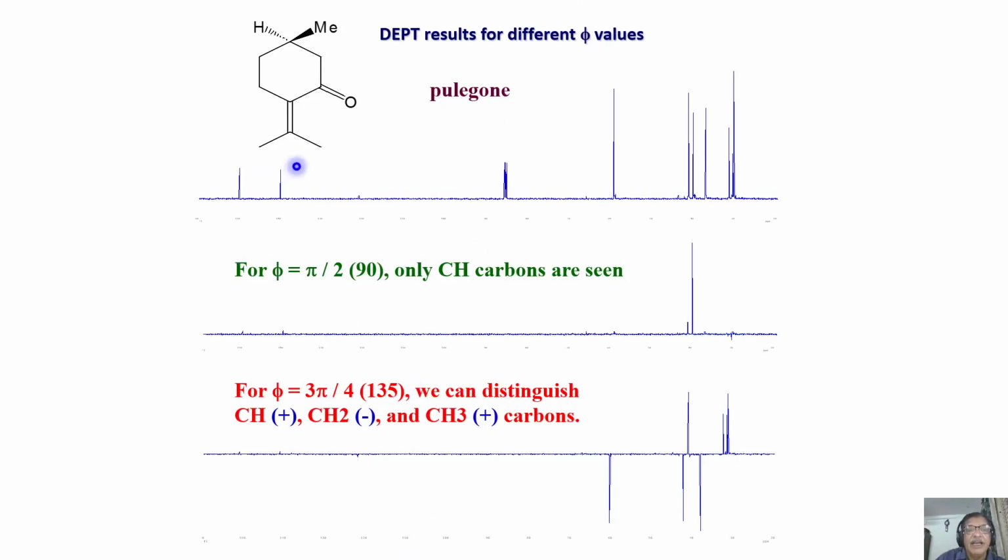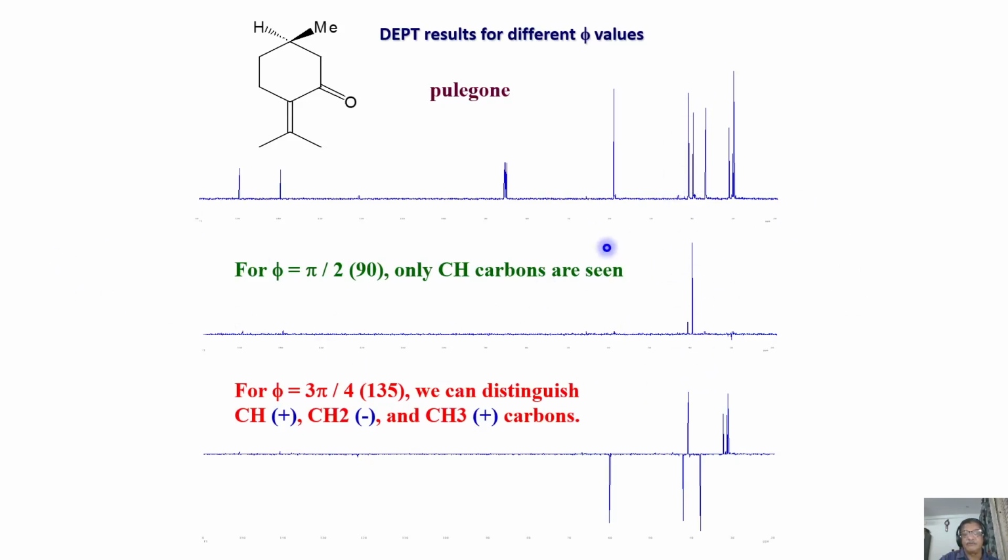Please remember that. A simple example is one molecule called pulegone. This has got CH, CH2, CH3 carbons. Look at this. This is the normal spectrum. This is DEPT 90. You see only CH carbons here. All other carbons are efficiently suppressed.